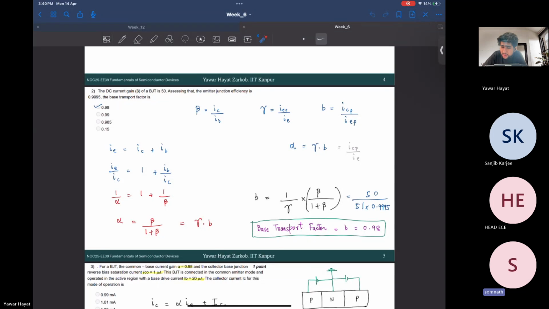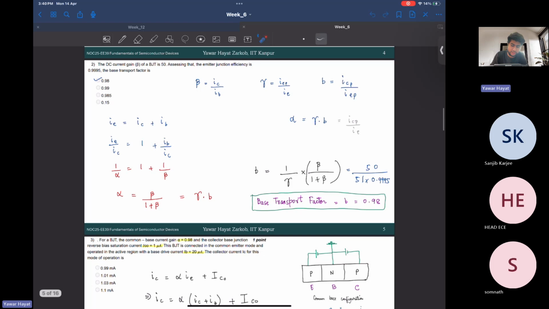Beta is the DC current gain in common emitter mode. Here it would be IC by IB, right? So now we are aware of this equation: alpha is IC by IC plus IB. If I divide throughout by IC, I end up reaching here.